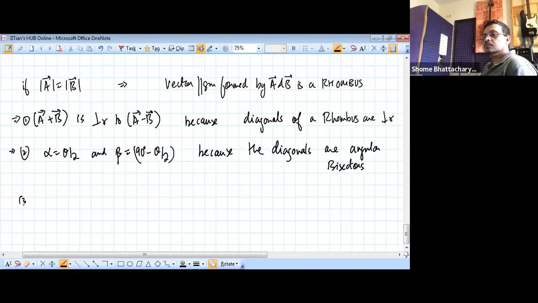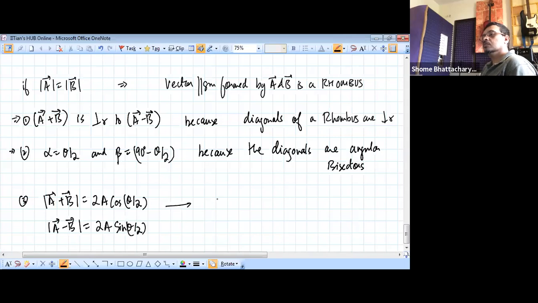And third, magnitude of A plus B will become 2A cos theta by 2. And the magnitude of A minus B will become 2A sin theta by 2.